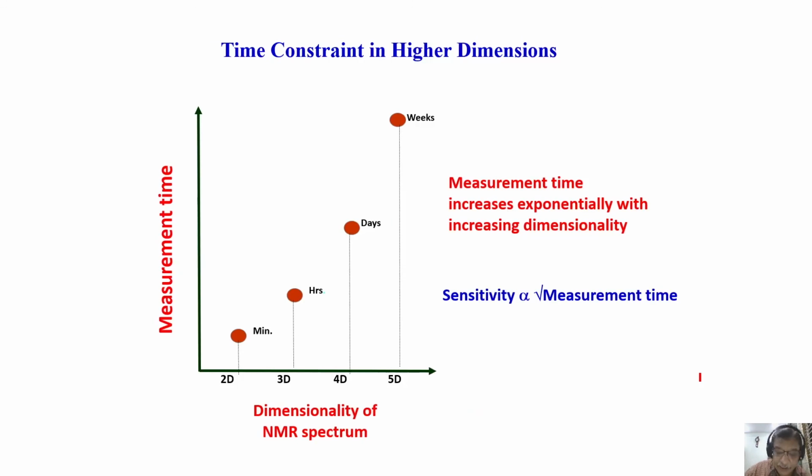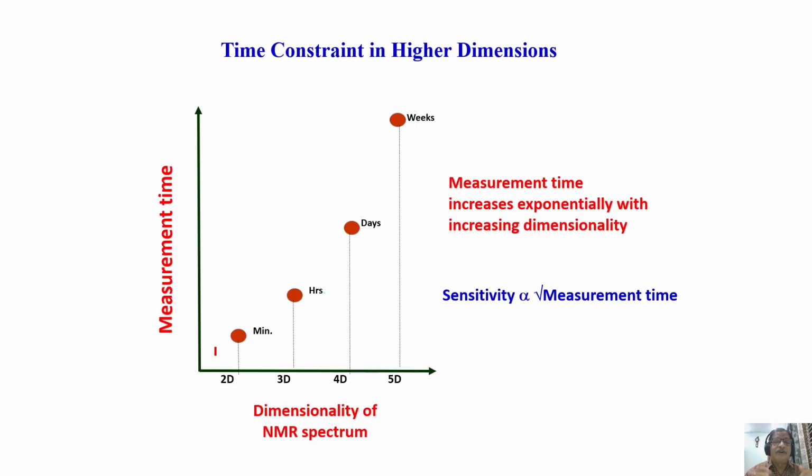Now, what is the time constraint? There is a time constraint. You cannot just start doing a higher dimension experiment. Remember, nowadays with present day sophisticated spectrometers, thanks to many vendors who have developed and designed very sophisticated experiments, probes, NMR spectrometers and magnets, the time required to get an NMR spectrum is really fast compared to 2 to 3 decades back.